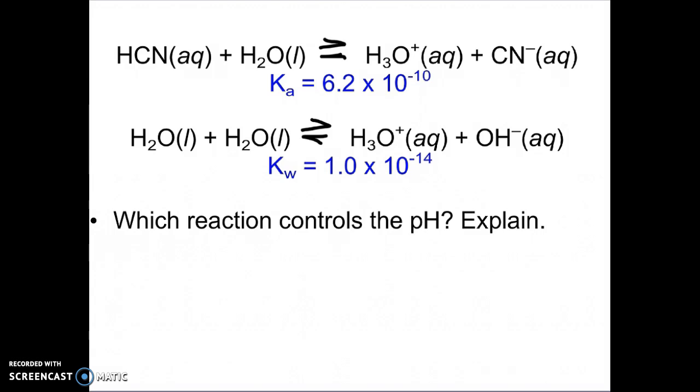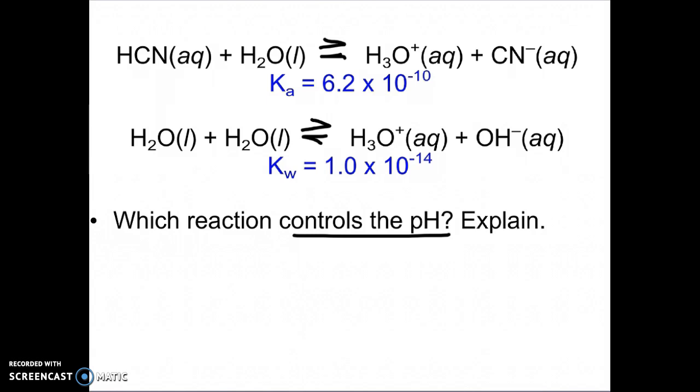And then for water, the dissociation, as we know, is a Kw, which is really a special Ka. Some books even still call it a Ka: 1.0 times 10 to the negative 14. So between these two reactions, I like to use this kind of wording: who's going to control the pH? Who is producing the most hydrogen ions, or hydronium ions in this case? Would it be the HCN, or would it be the water?